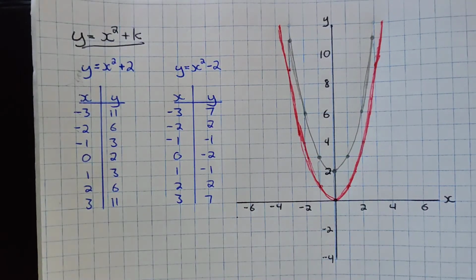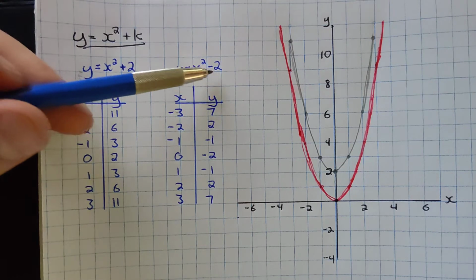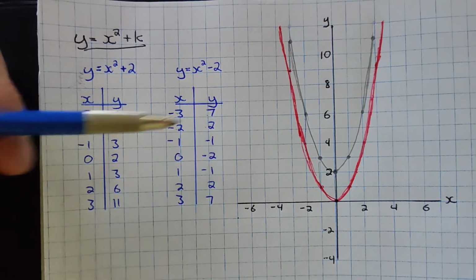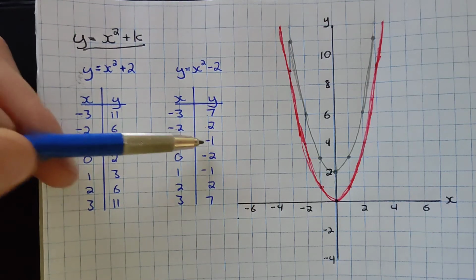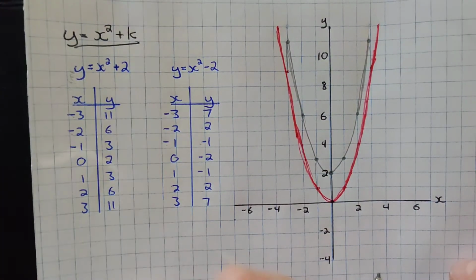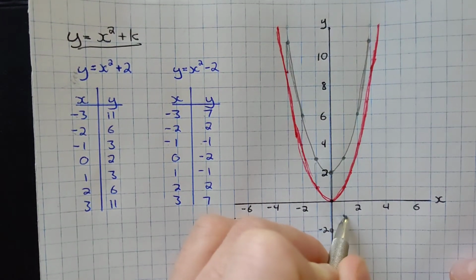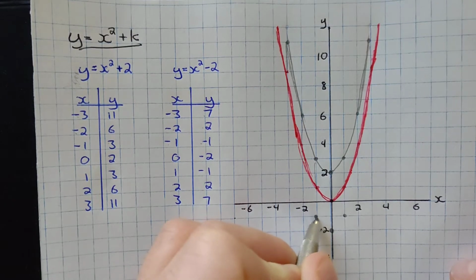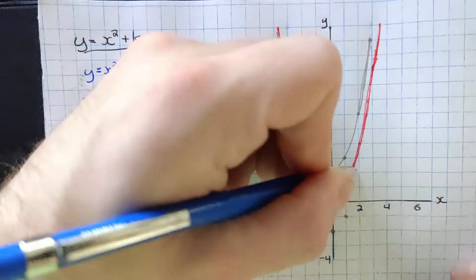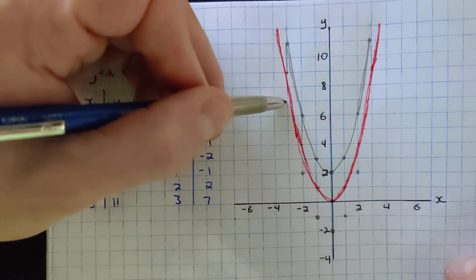When we have the -2, it's the same idea. -3 squared is 9. Subtract 2 is 7. 2 squared is 4. Subtract 2 is 2. -1 squared is 1. Subtract 2 is -1, and so on. So we have our points here at -2, and then our -1s, and then our 2s, and then our 7s.